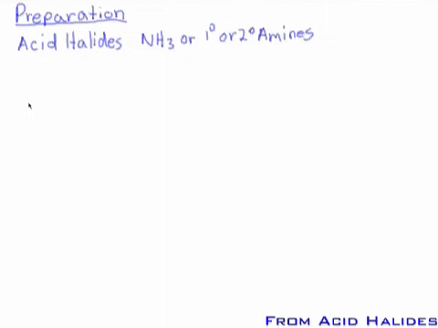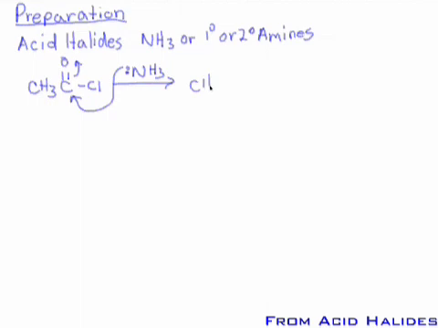So if we had CH3, C double bond O, Cl, and we hit this with ammonia, we could get nucleophilic attack on the carbonyl. Move the pi electrons out. Our standard nucleophilic acyl substitution.